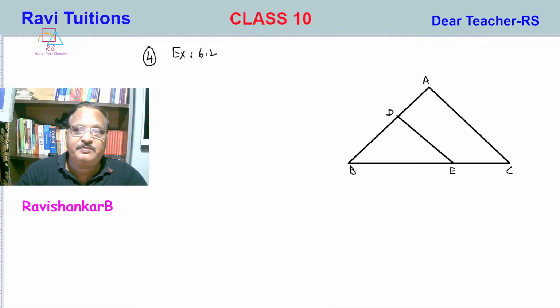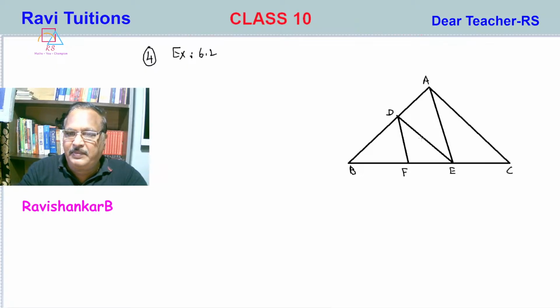So DF is parallel to AE. Now I have to join AE. This is AE. And then DF is parallel to AE.